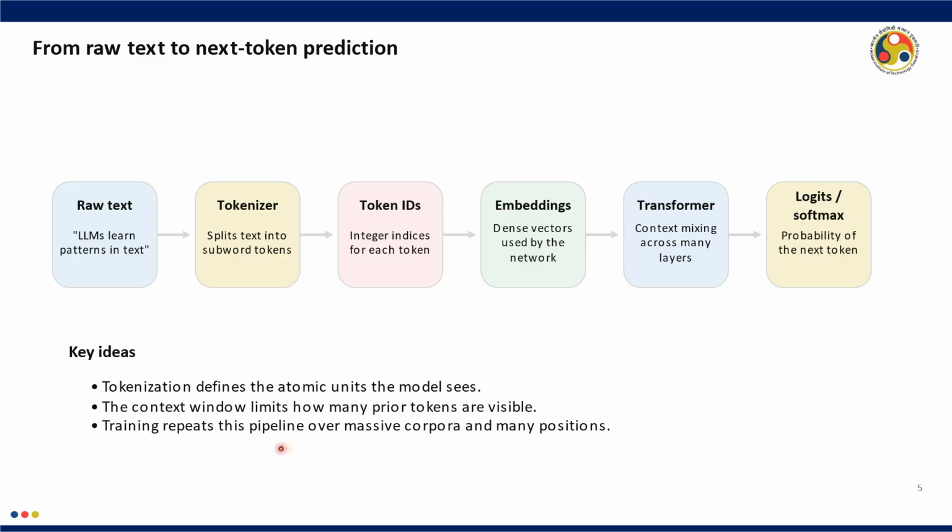And then the context window will limit how many prior tokens I want to see, because I may want to see the entire document, or half of the document, or the last few sentences, or just the first few words of this particular sentence to predict the next token or next word or next set of words, based on how long the token sequence is. Now, when I talked about this, the context window determines how much history I am looking at.